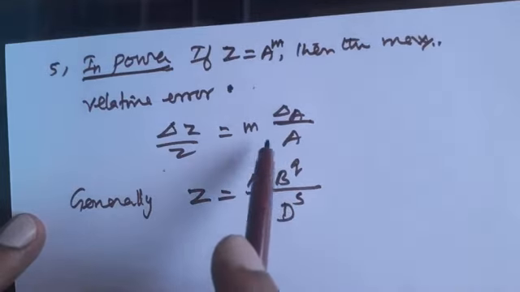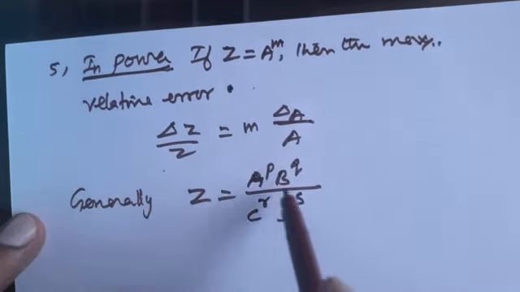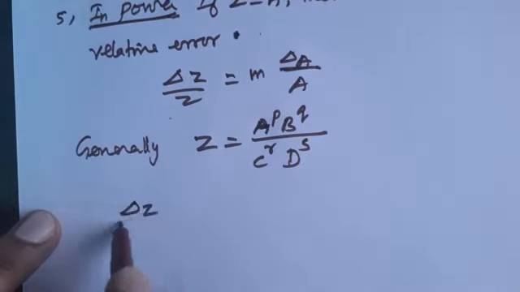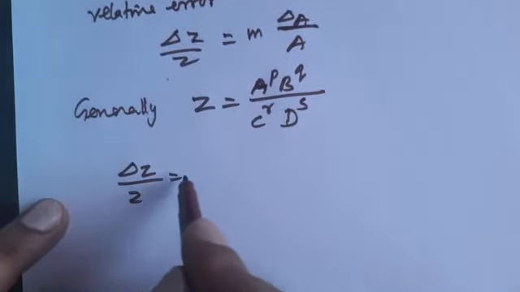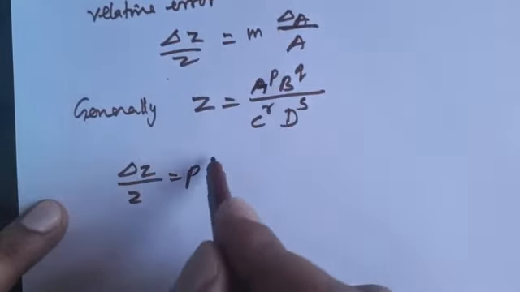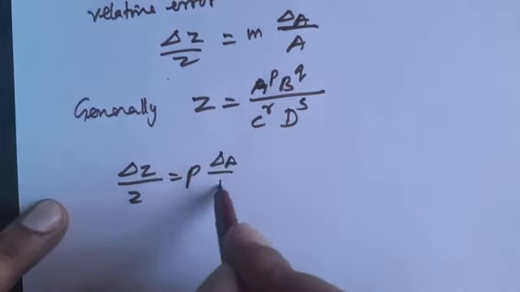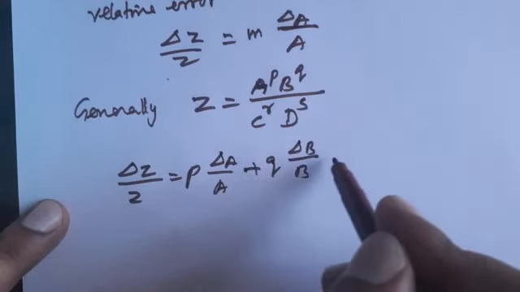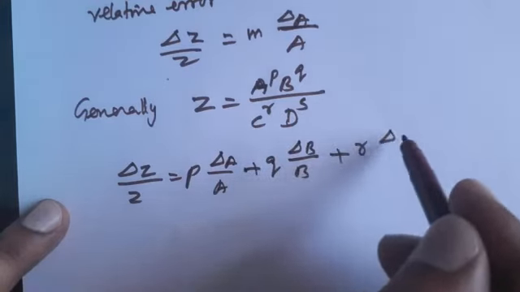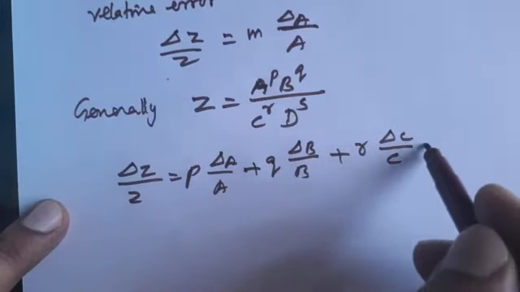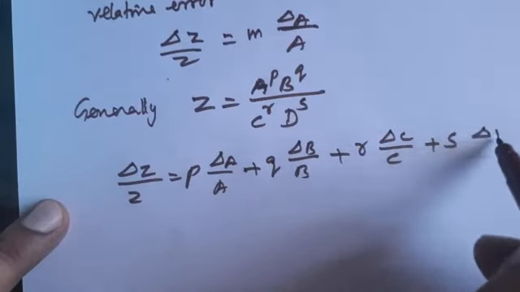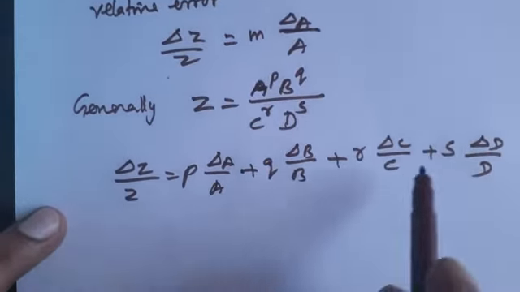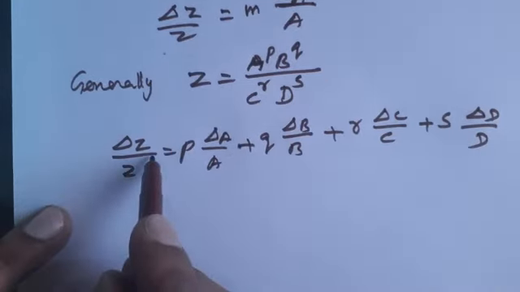So how to simplify? This is for one parameter. If three or four parameters are involved, what are you going to do? Do the same. So delta Z by Z becomes P into delta A by A plus Q into delta B by B plus R into delta C by C plus S into delta D by D. So maximum percentage error, again you multiply by 100.